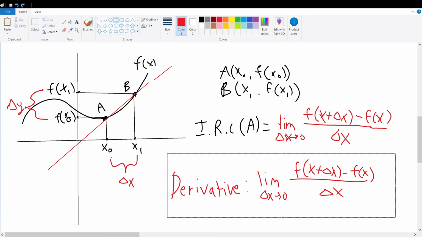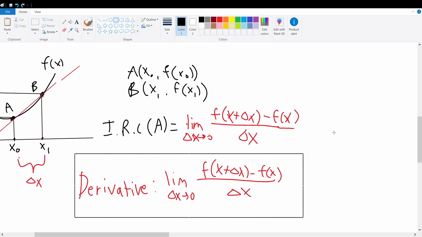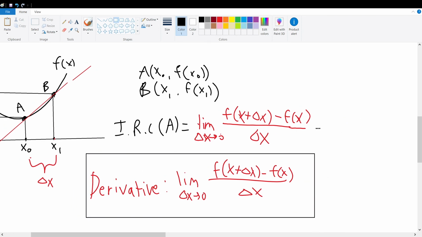And another way to write a derivative, in a less general format, given the graph to the left, is the limit when b approaches a of f of b minus f of a divided by b minus a. And these two limits are the same thing.